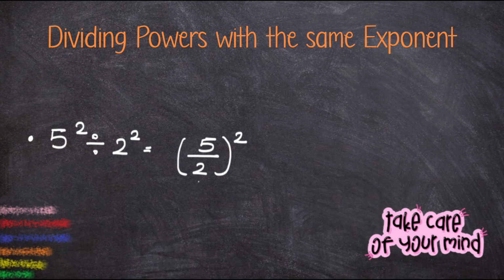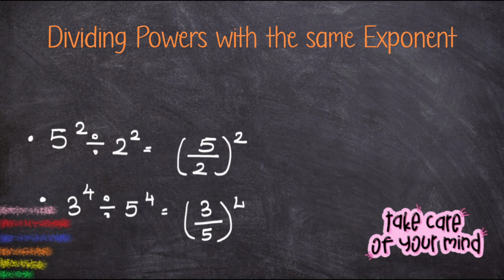You don't have to divide 5 by 2 and find the decimal and then write. You just have to write it in the fraction form and leave it. Okay. I take one more sum. 3 raised to the power 4 divided by 5 raised to the power 4. So here 3 upon 5 whole raised to the power 4.